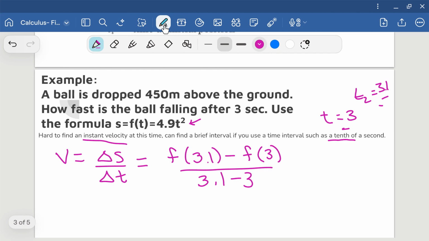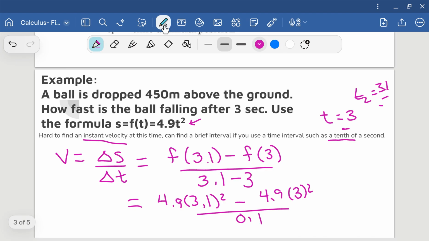And you would get 4.9 times 3.1 squared minus 4.9 times 3 squared divided by 0.1. So plugging that in, you get 29.89 meters per second. Now, is this accurate?